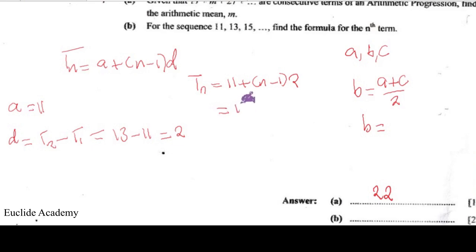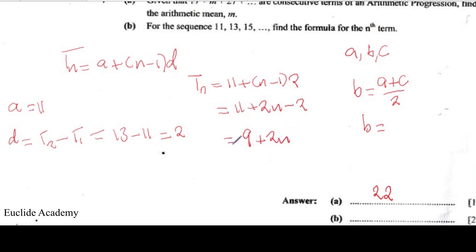So if we would fancy expanding this one, we would say 2 times n, 2n, minus 2. And then this will be 11 minus 2, that will give us 9, plus 2n.